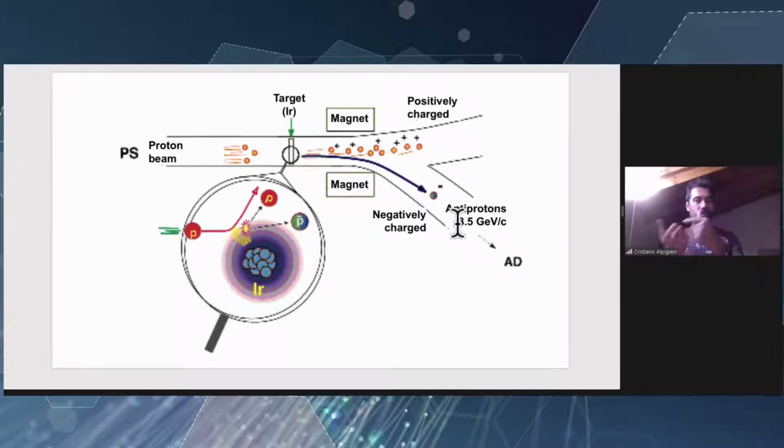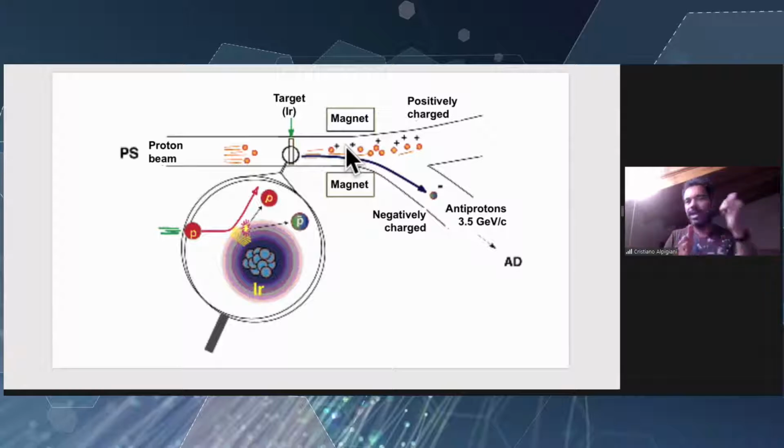The force depends on the mass of the particle, but also on the charge. So positive particles are bent in one direction, and negative particles are bent in the opposite direction. Basically, the magnet is used to select the particles that we need.